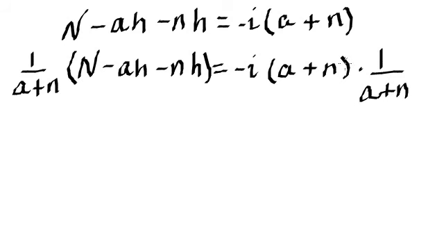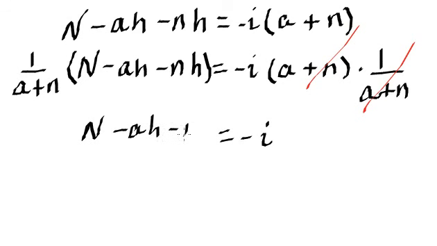Now as we can see, these are going to cancel out to 1, and we're going to end up being left with a negative I over here. Now, we're solving for I, not negative I, but that's okay. Now I'm going to rewrite this as N minus AH minus NH, and that's going to be all over A plus N.